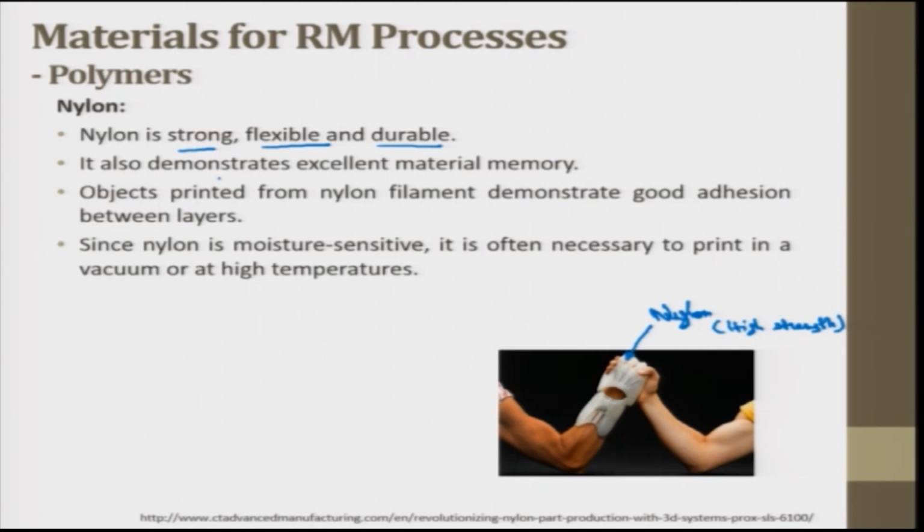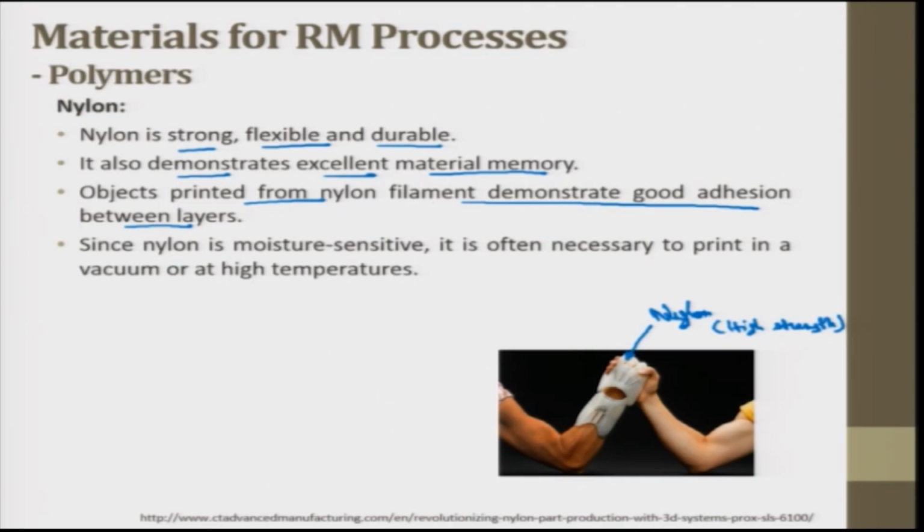Nylon also demonstrates excellent material memory. Objects printed from nylon filament demonstrate good adhesion between layers. Designers and engineers perform tests using functional prototypes printed from nylon. So prototypes are generally printed and tests are conducted on them.